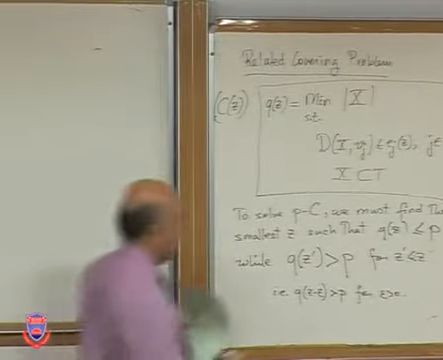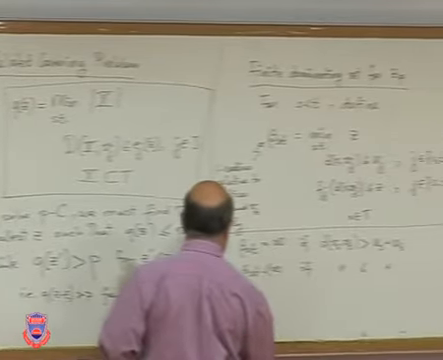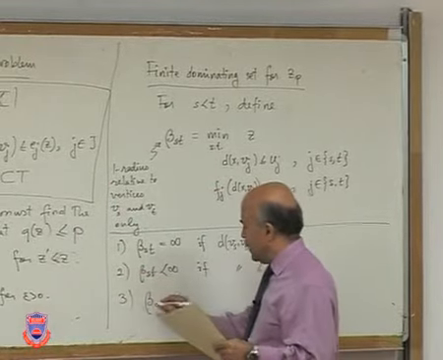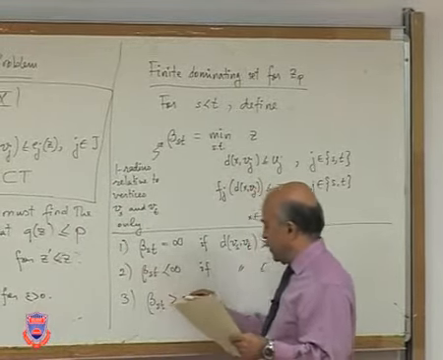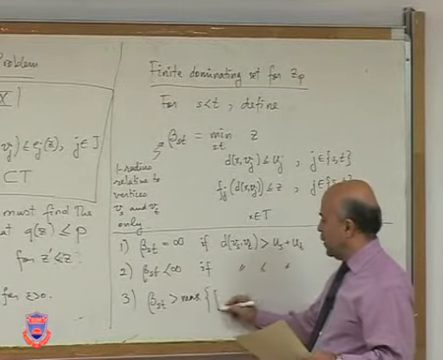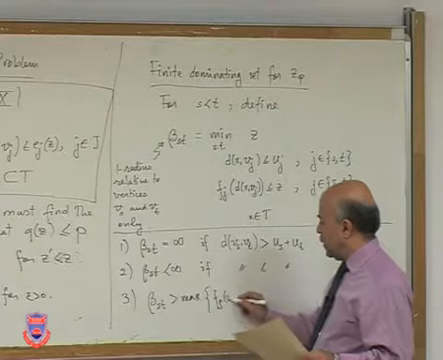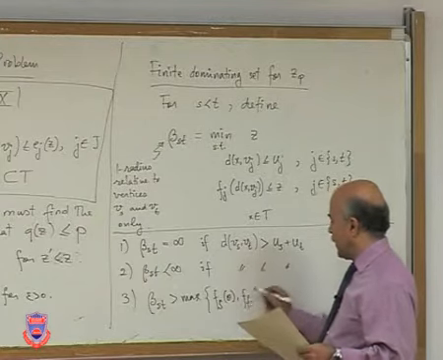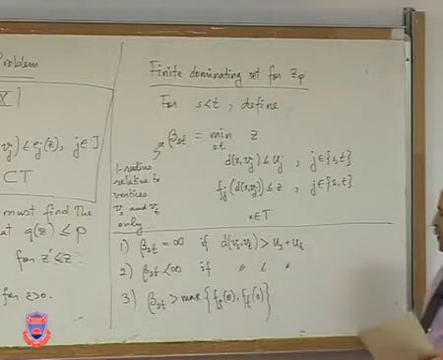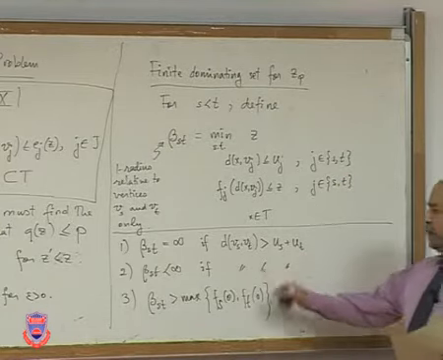Well, let me write it here. Number 3, I'm going to illustrate it using pictures. Beta st is greater or equal to the maximum of fs of 0 and ft of 0. Okay? So these are pretty obvious.